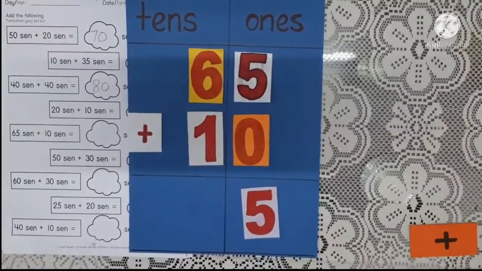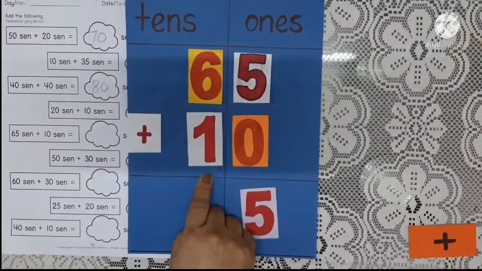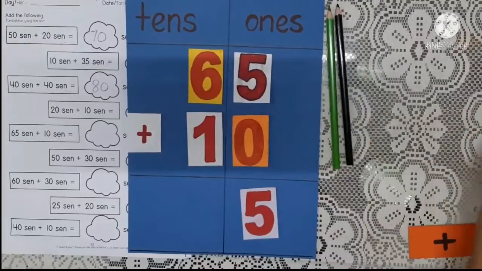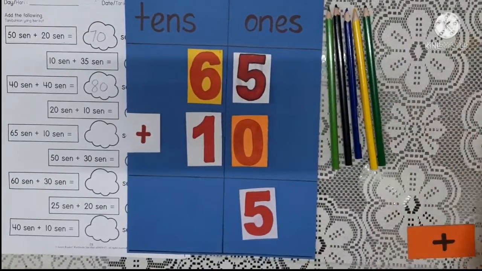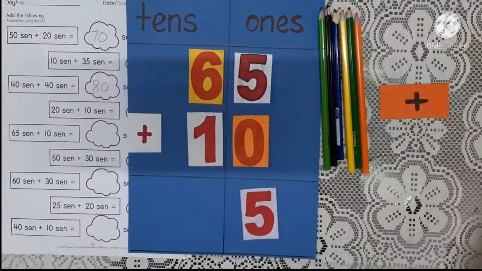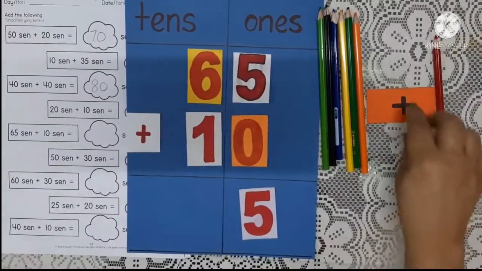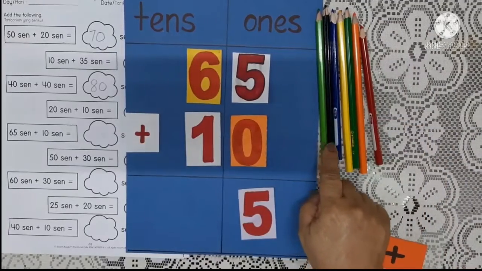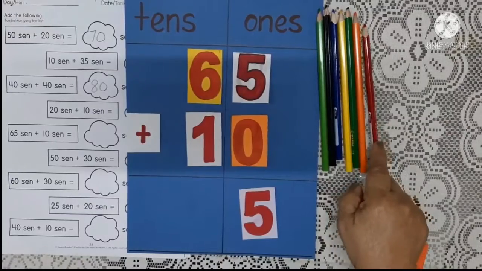Now let's go to the next one. 6 plus 1. Now let's take 6 pencils. 1, 2, 3, 4, 5, 6. 6 plus 1. So let's bring them together and count the total number. 1, 2, 3, 4, 5, 6, 7. 7.